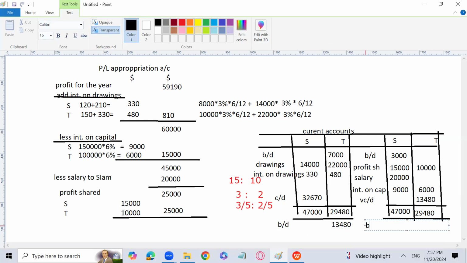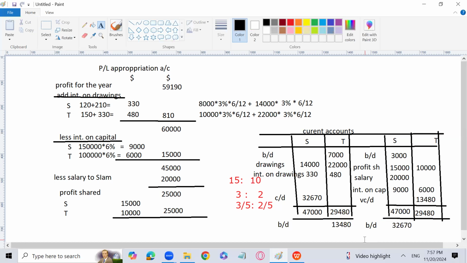And for S, the profit has increased to 32,670 from 3,000, because he is getting a higher share of profit, but he is getting salary also. And he is also going for less drawings. T is not getting salary, with the less profit share, and he is also going for more drawings. That is why his loss has increased from 7,000 to 13,480.